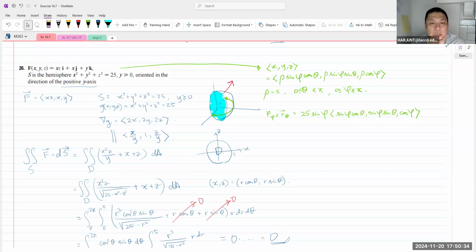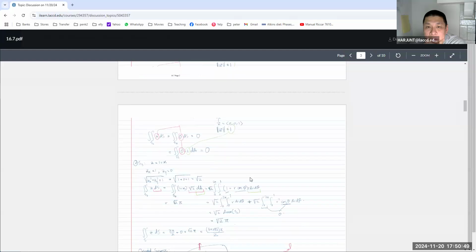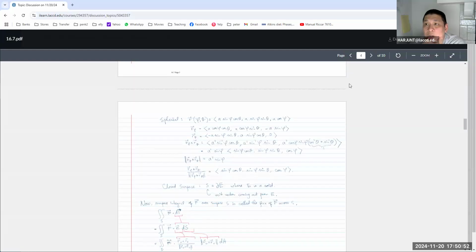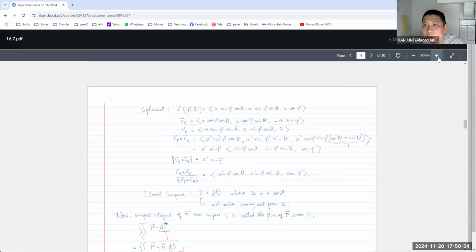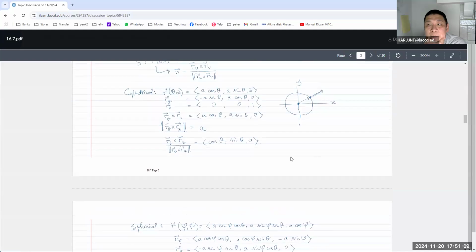Let me see if I have that note. Give me a second. I'll show you the notes then. This one here. If you can memorize it, or at least put it on your scratch paper, your cheat sheet, that would be nice, right? But I think this is worth remembering.